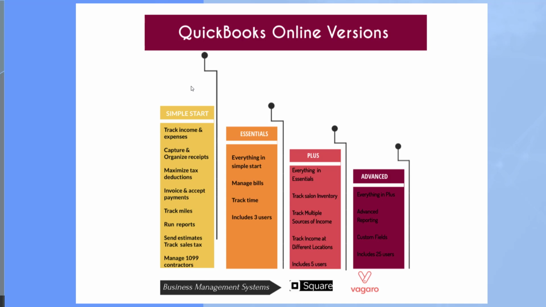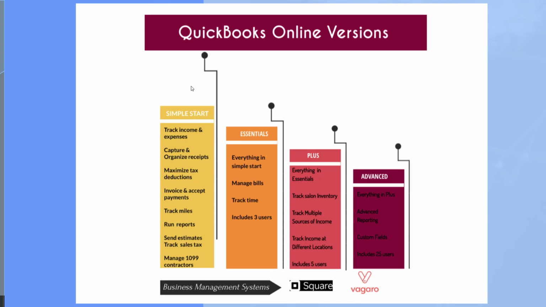Now with Simple Start, you're basically just tracking your income and expenses and capturing receipts. Once again, you can also use your phone to take a picture of your receipts, and you also have the advantage of invoicing and accepting payments.